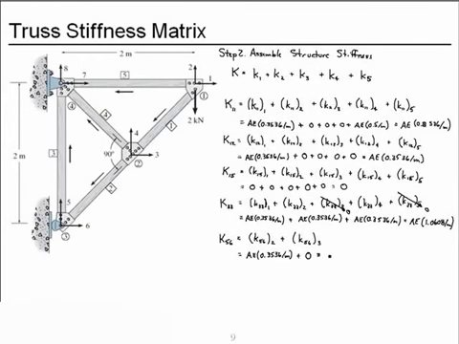So our structure stiffness coefficient is AE times 0.3536 per meter.